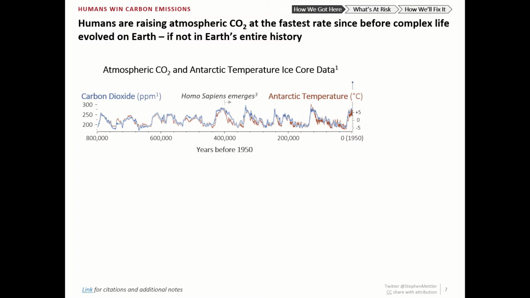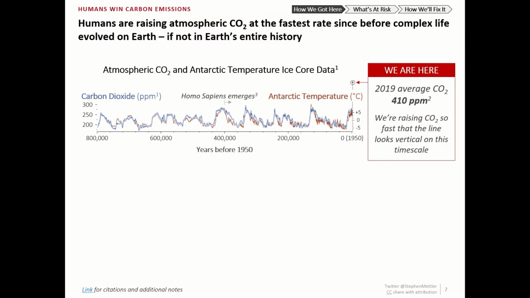And parts per million just means that out of every 1 million molecules of gas in the atmosphere, how many of them are carbon? So again, until the modern era, a maximum of about 300. Today, we are here at an average level of 410 parts per million. We are raising carbon dioxide so quickly that on this time scale, the chart looks vertical.